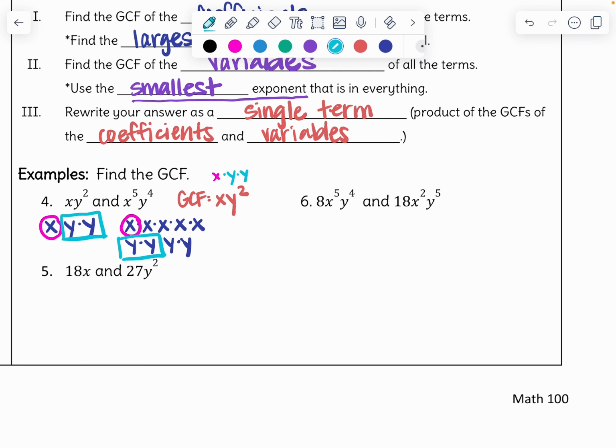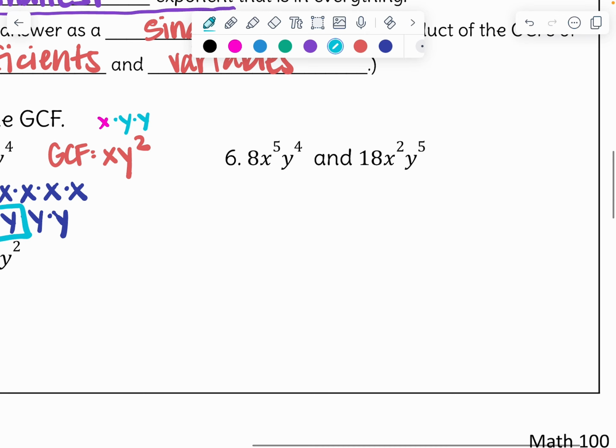So without expanding these, let's find the greatest common factor. We need to find the greatest common factor for 8 and 18. For the coefficients, you're going to have to do the factor tree or the factor list, whichever way you prefer. I will make a factor list.